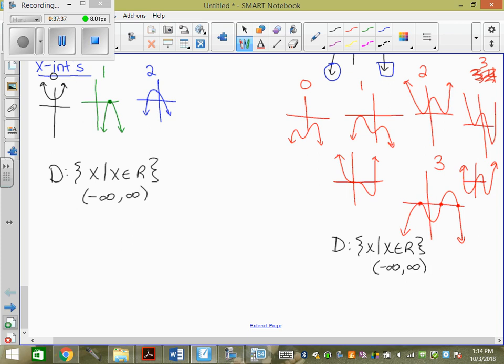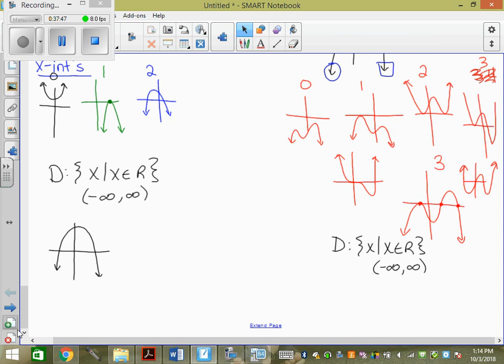But my range of even degree functions is different. It's not y ∈ ℝ, right? So remember, if you had a maximum last year, your graph is completely what? Less than that or greater than that? Less.